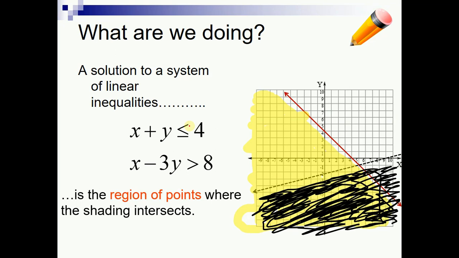So you're basically finding a solution to inequalities, but it's not going to be just a single point. It's going to be a range of points because where your shading intersects would be technically the solutions to this system of linear inequalities. So basically all you're doing is you're graphing multiple linear inequalities on one single graph.